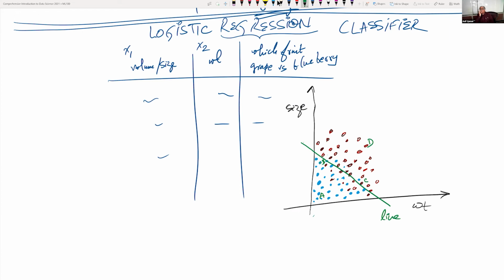You can't be sure. It is probably a blueberry, but it could also, with a certain degree of probability, be a grape. Likewise, C may be a slightly stronger belief that it's a grape, but it could be a blueberry too. It's not a perfect demarcation between the two. There is a bit of overlap between the blueberry weights and sizes and the grape weights and sizes.